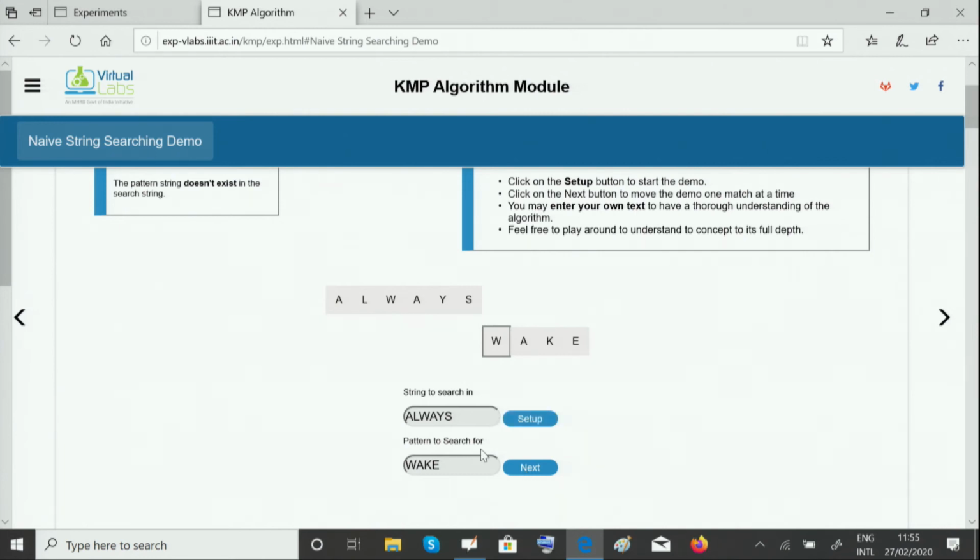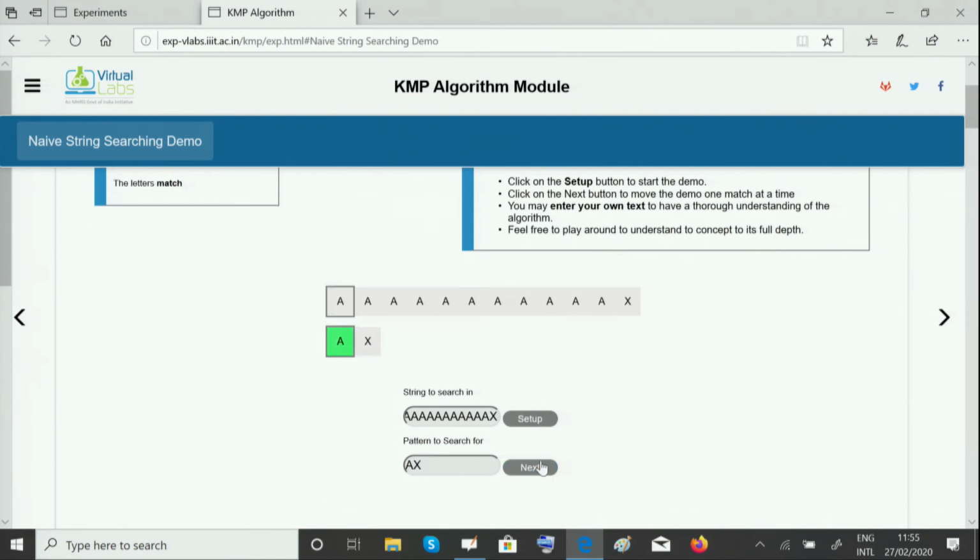Now let's look at another example. In this example, we have to search for the lower string AX in the string written above. Now if we start here, A matches, but X does not match.